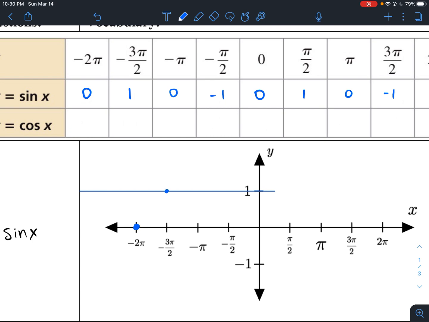So that's going to be right here. When it's negative pi, we're at 0. When we are at negative pi over 2, we're at -1. When at 0, we're at 0.